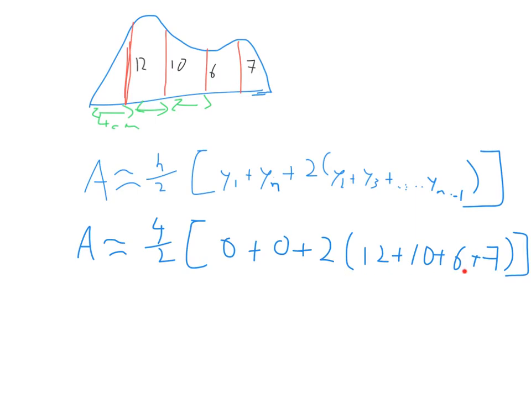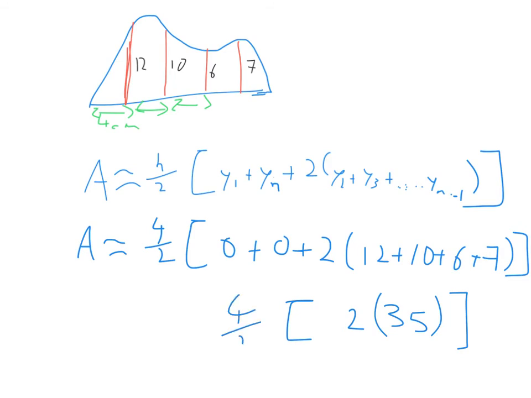Again, BIDMAS tells us we should always solve the furthest inside brackets first. So that'll be this one here. So 12 plus 10 gives us 22, plus 6 gives us 28, plus 7 gives us 35. So that whole bracket simplifies to 35. Gets multiplied by 2. 0 plus 0 just cancels out.